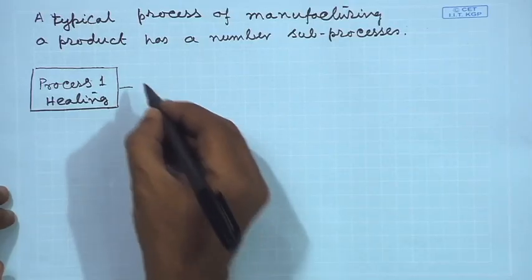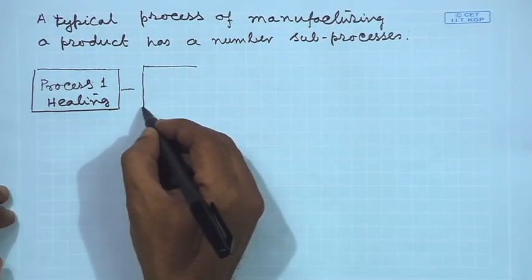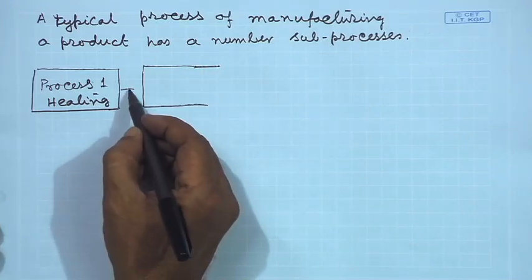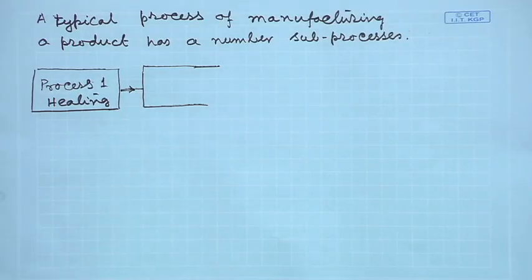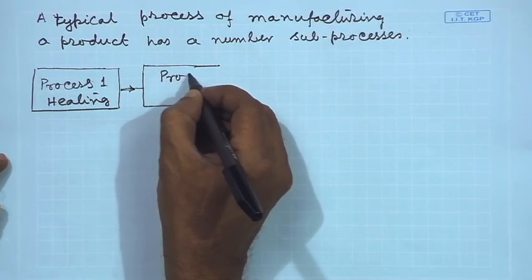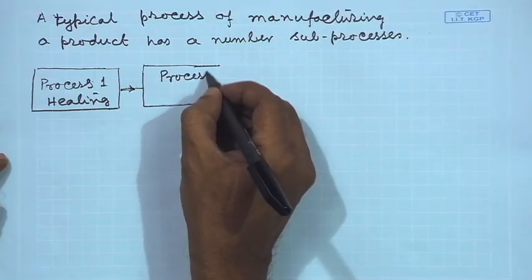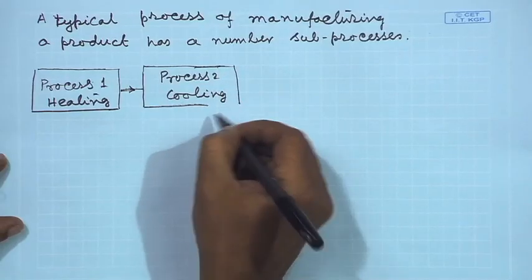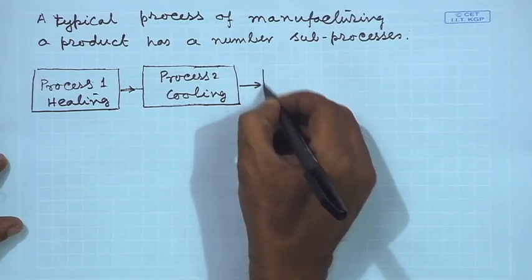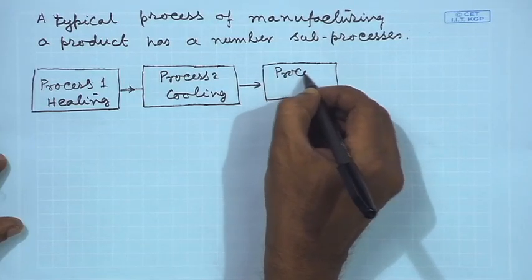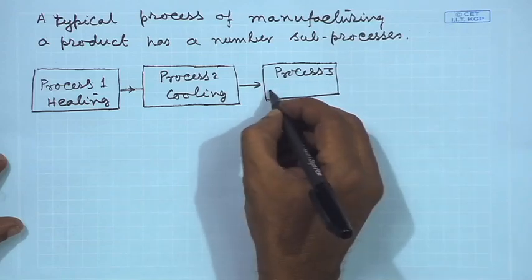And then process 2, after heating, let us say we will have some sort of a goal, that means we can achieve some material property. Heating could be a part of the manufacturing process, but after that process is over, process 2 is cooling, and once this is cooled, it goes to process 3, finishing.